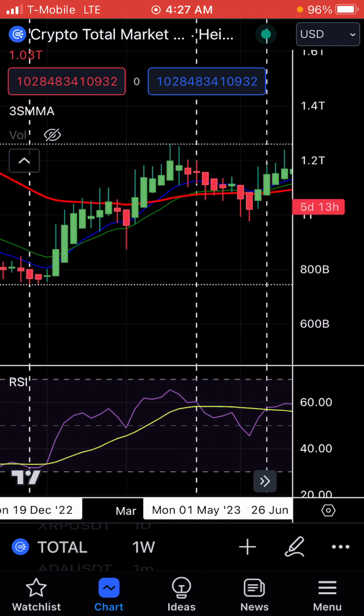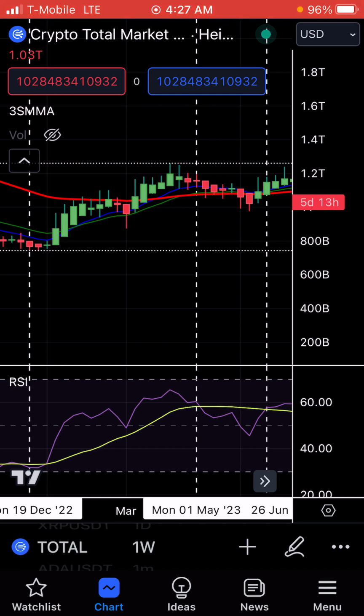because we are focused on the total market cap. We're not focused on one particular crypto or stock. We're focused on the total market cap. And when you know what the total market cap is going to be doing, you know that everything else is going to be affected by that direction.